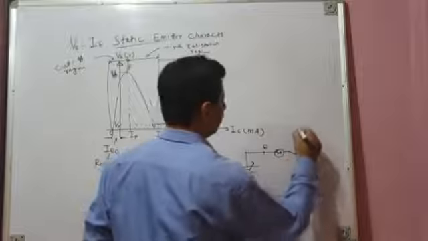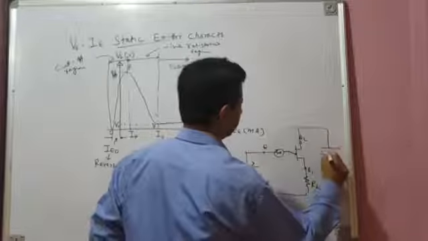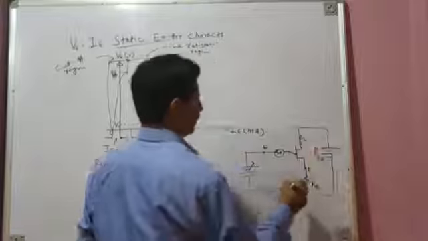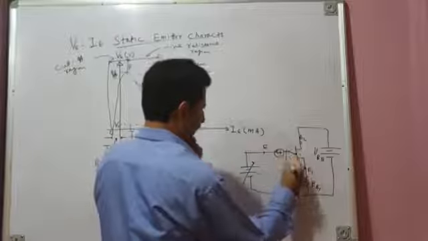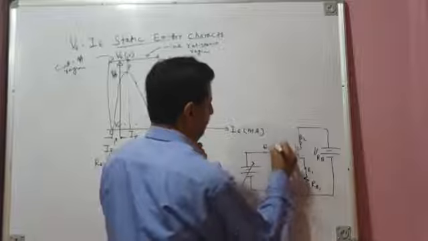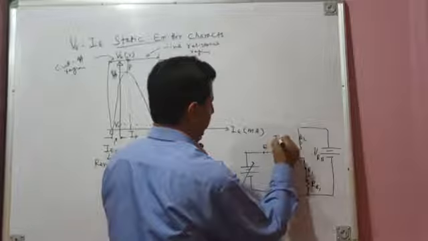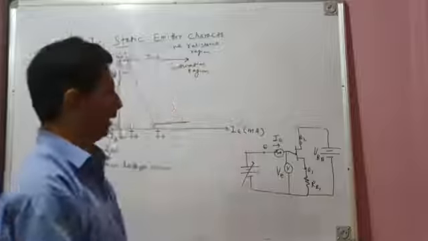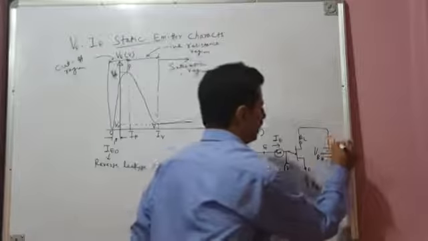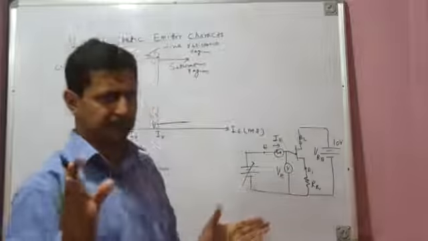Between B1 and B2, we have another voltage, VBB, interbase voltage. And we put a voltmeter. This voltmeter reads emitter voltage, this ammeter here reads emitter current. What we do initially, we fix this voltage. Suppose we fix this VBB as 10 volts, as an example.